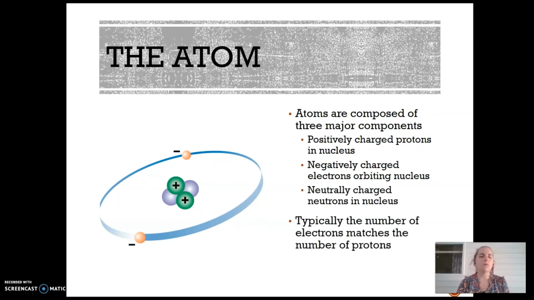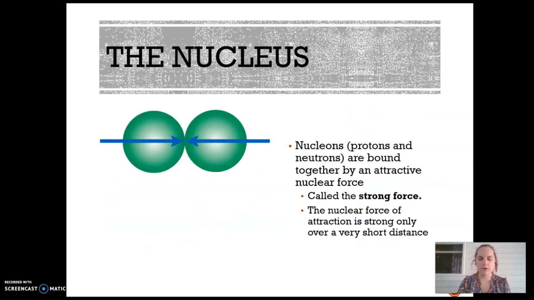And remember that the atom is always striving to reach an equilibrium. It's always striving to have an equal number of protons and electrons, or no charge. Typically the number of electrons matches the number of protons. Within the nucleus, we actually have these things called nucleons.